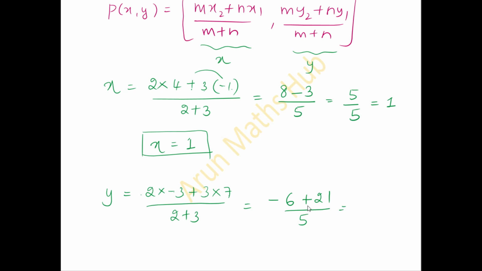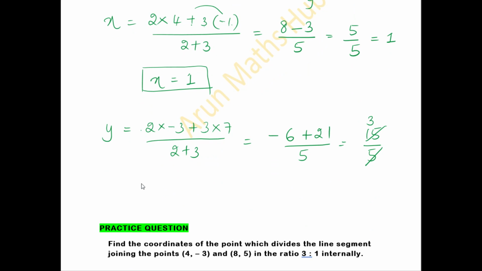Now minus 6 plus 21: we have a negative number and a positive number, so what we need to do is subtraction. That is 21 minus 6 is 15, the bigger number's sign is plus, divided by 5, 5 ones are 5, 5 threes are 15. Therefore we got y as 3.